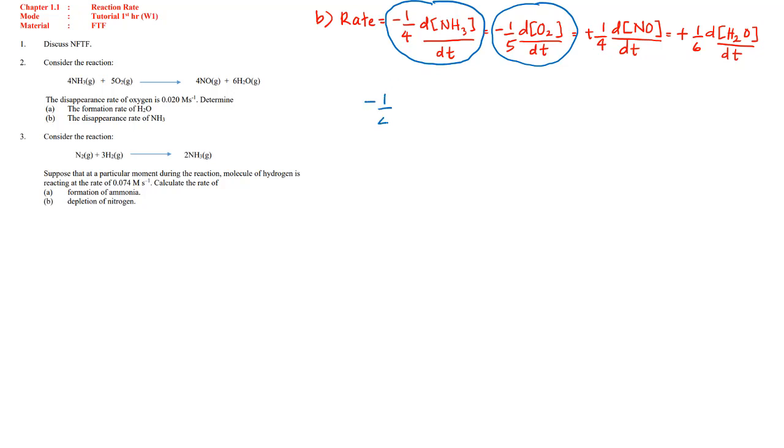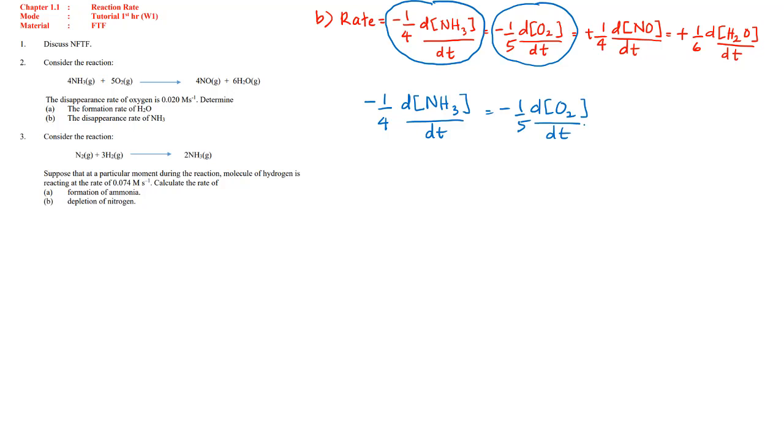So write down here -1/4 the concentration of ammonia over dt equals -1/5 the concentration of oxygen gas over dt.